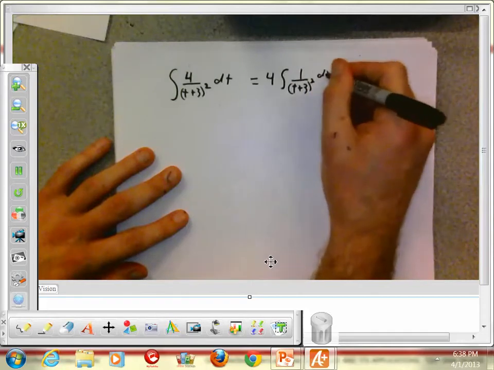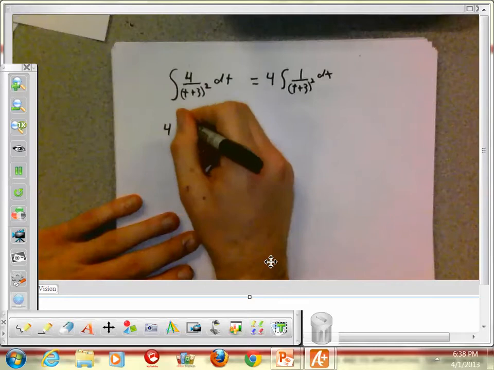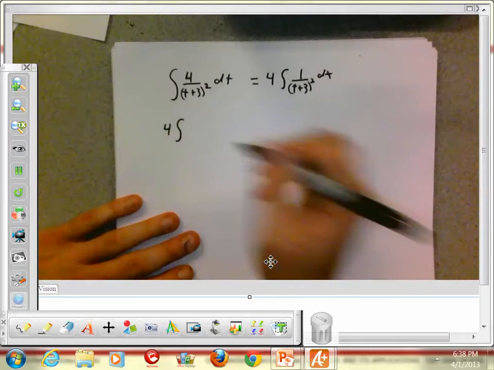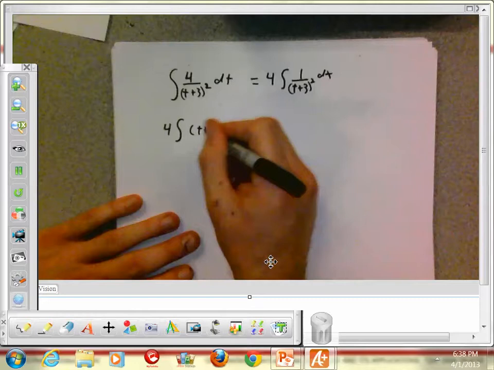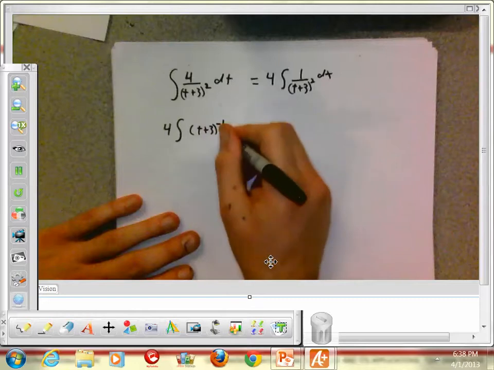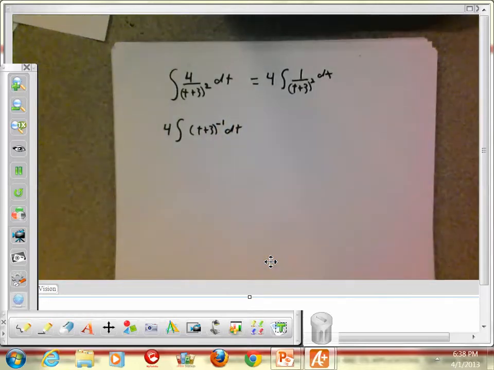Now I'm going to rewrite this as 4 times the indefinite integral of t plus 3 raised to the -1 dt. Now, this kind of looks like t to the -1 dt, so I'm going to make a guess.